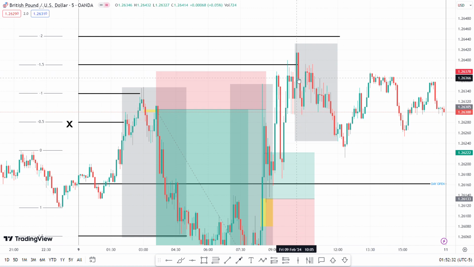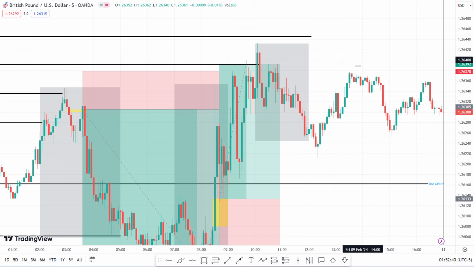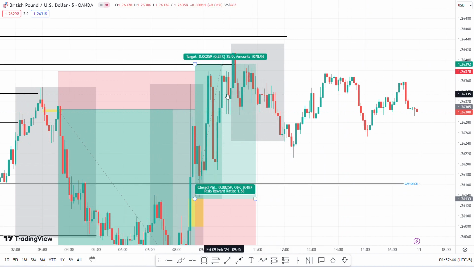It hits it during the time that we're expecting the 1.5 level to be hit. And then it creates a fair value gap down and trades back into it.